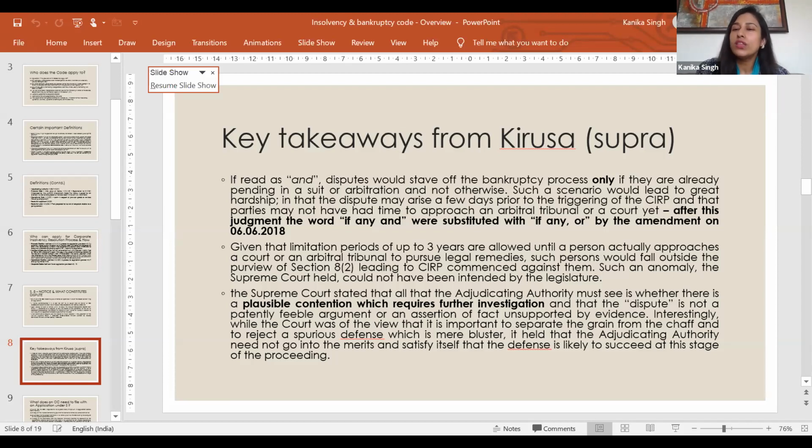So basically what the NCLT has to deal with while dealing with any dispute raised by a corporate debtor is to see whether it's a plausible dispute or whether it is just a moonshine, where a bald plea of dispute has been raised and there is no dispute as such. But as I said earlier, this continues to be one of those areas where there's a lot of room for interpretation and a lot of scope for lawyers to argue as to what would be a dispute and what would not be a dispute. Then moving on to the next slide.